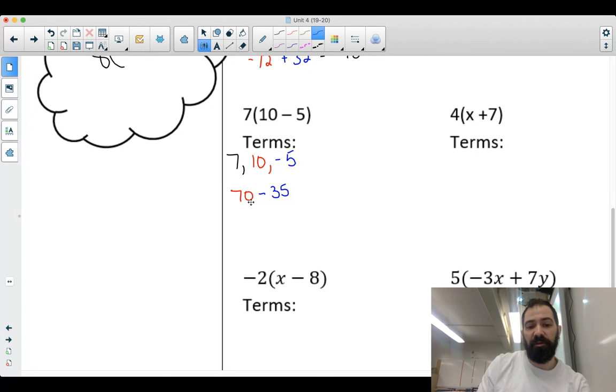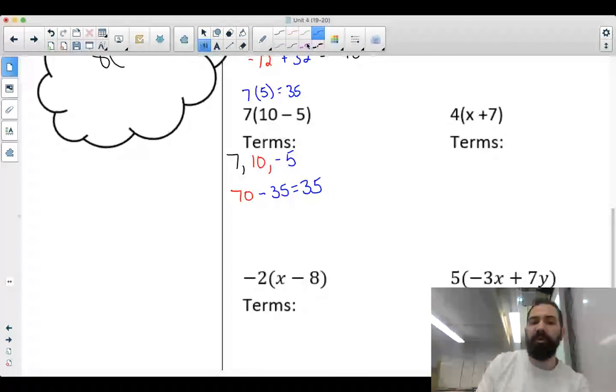And 70 minus 35 equals 35. I can show you that here: 7 times 10 minus 5 is 5, and 7 times 5 is 35. And that's just our numbers.